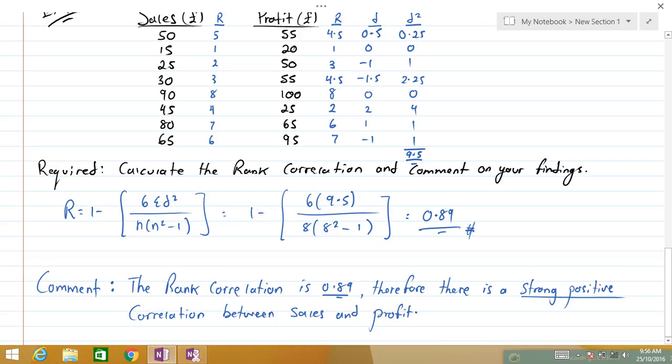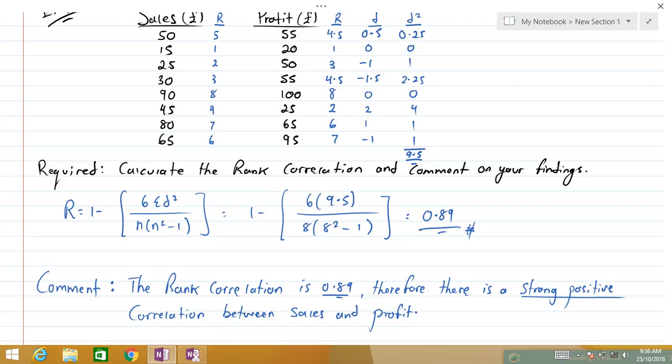Now, if you use the long formula in this same question, guys, you will get almost the same answer. Nearest to what? 0.89 or maybe 0.9. I don't know, but it will be nearest.